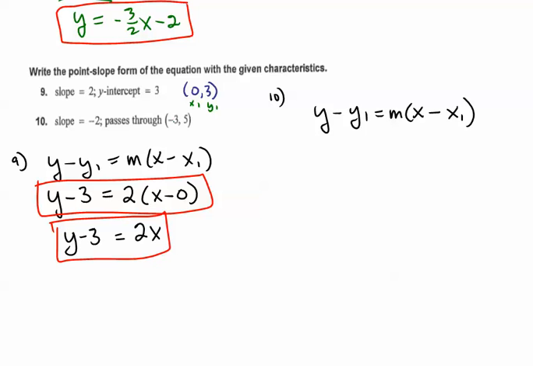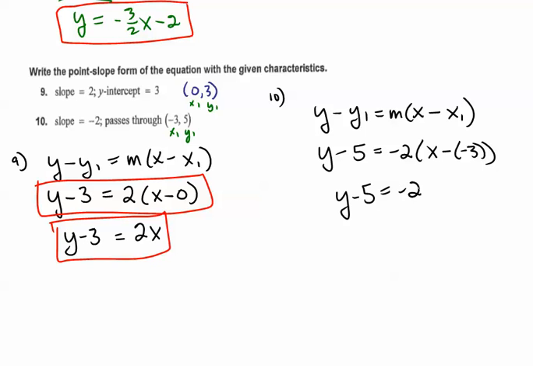We have our one point, x1, y1, and y minus 5 is equal to slope, negative 2 times x minus negative 3, and y minus 5 is equal to negative 2 times (x plus 3), and that is point-slope form of the line that has a slope of negative 2 and passes through the point x is negative 3, y is 5, and that's going to do it for the problems in the review packet.